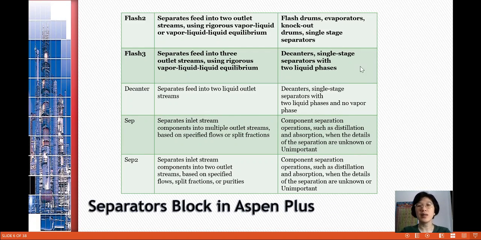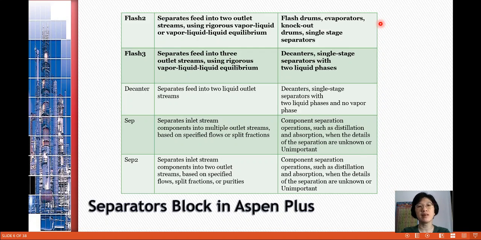These are the models available in Aspen Plus that represent a flash unit. We have Flash2 and Flash3 to focus on. With the basics of using Flash2 and Flash3, you are able to apply it on your own later on in your plant design.